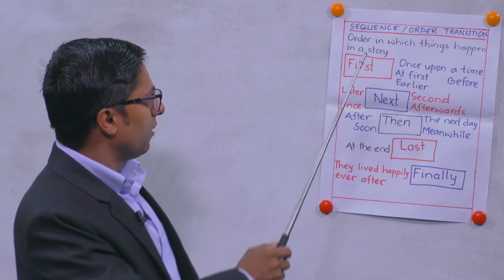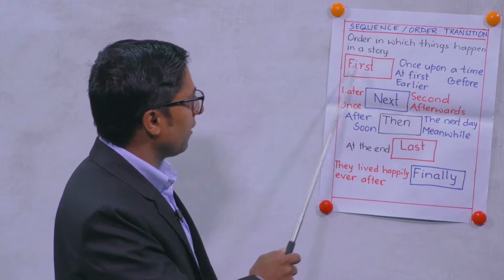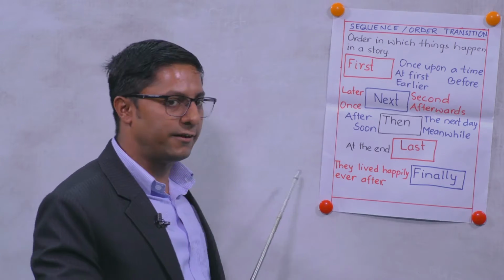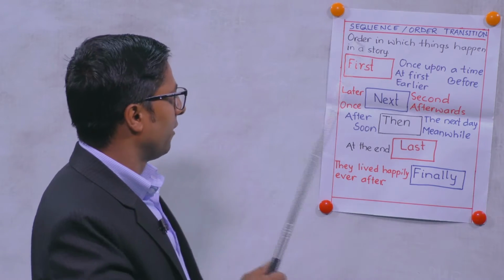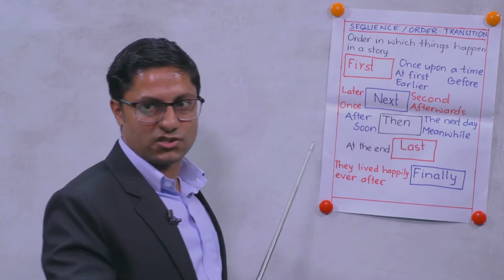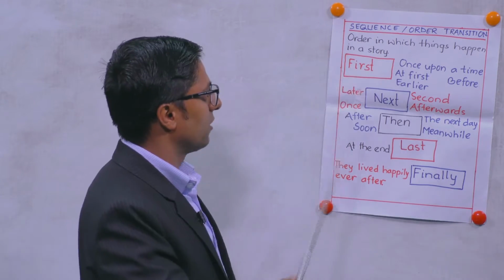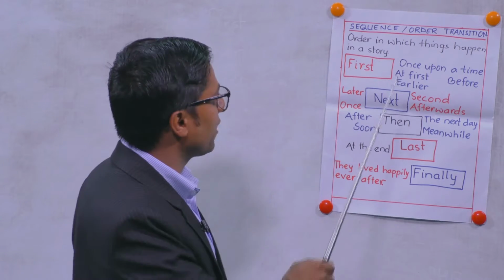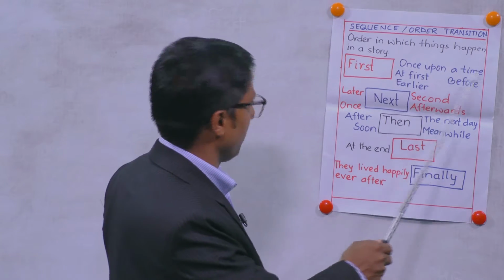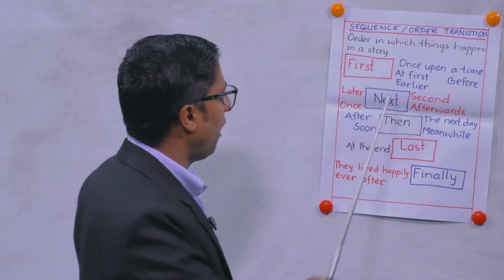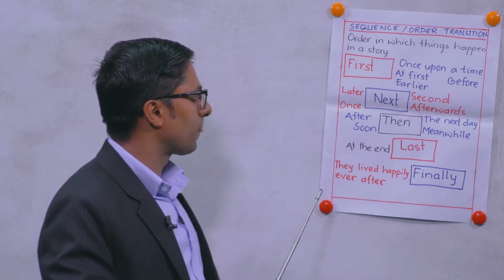So see, you can see the word first here. It is more highlighted here. Generally, for the events that take place at the beginning, you can use this. Or instead of first, you can also use once upon a time, or at first, or before, or earlier.